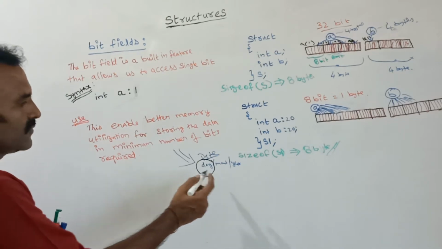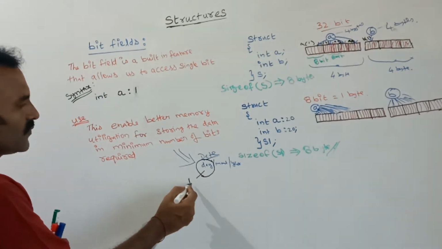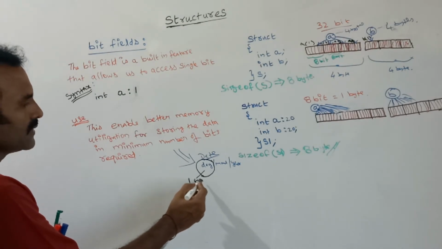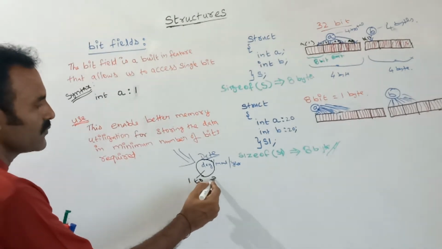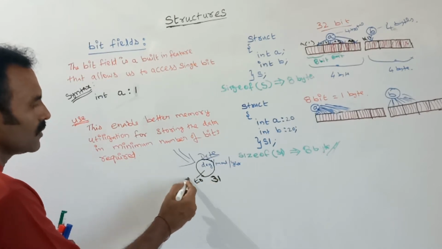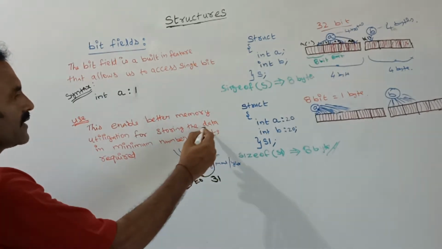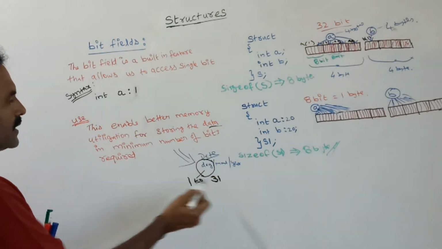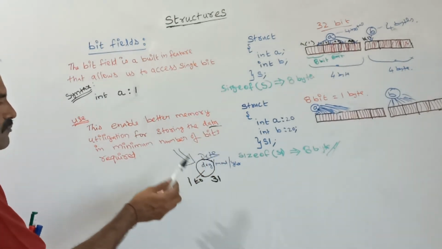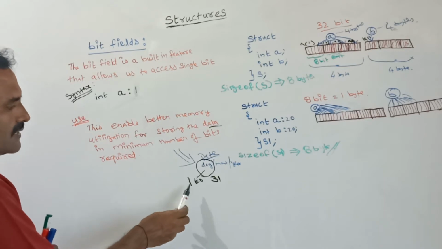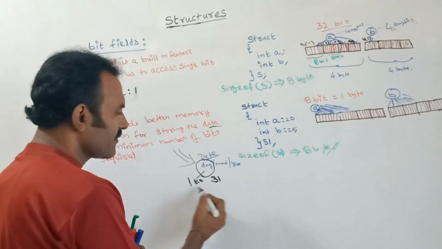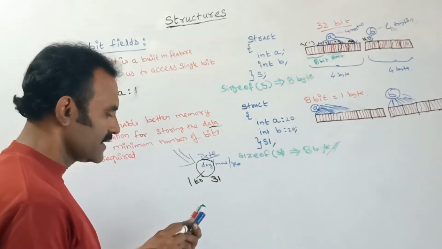The number from minimum 1 to how much? The date is up to 31. The maximum date number is 31. Here the data is 1 to 31. What is the minimum number of bits required for this data?